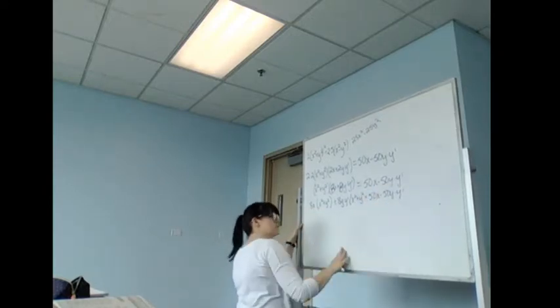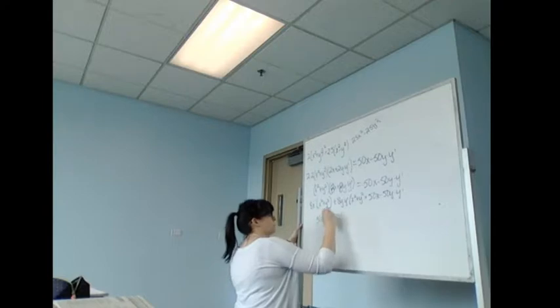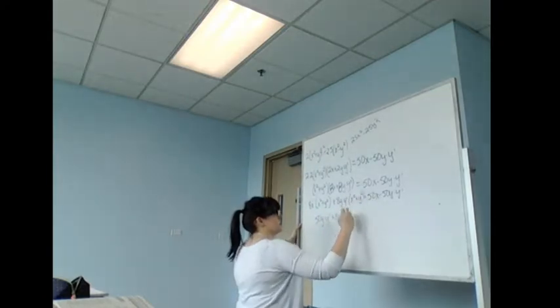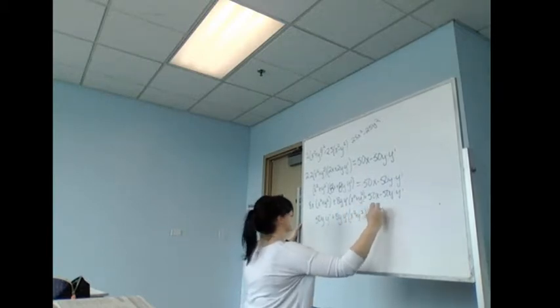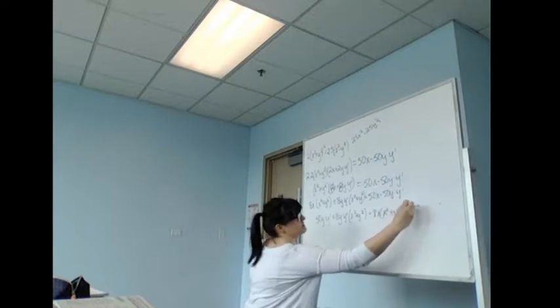I'm going to subtract this over here and add this over here so that I get 50y times y prime plus 8y times y prime times x squared plus y squared equals 8x times x squared plus y squared plus 50x.